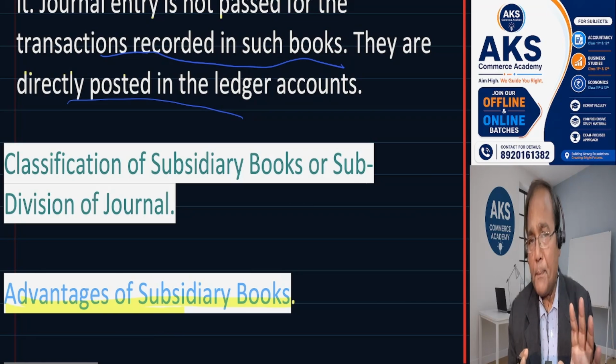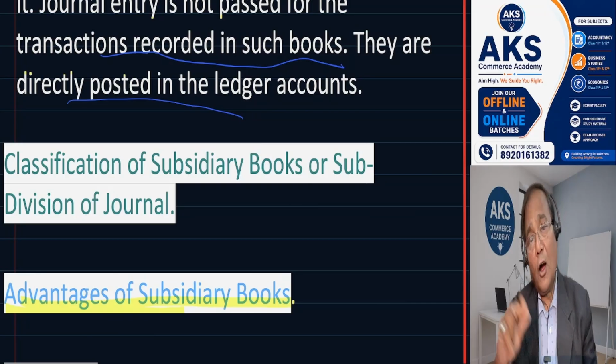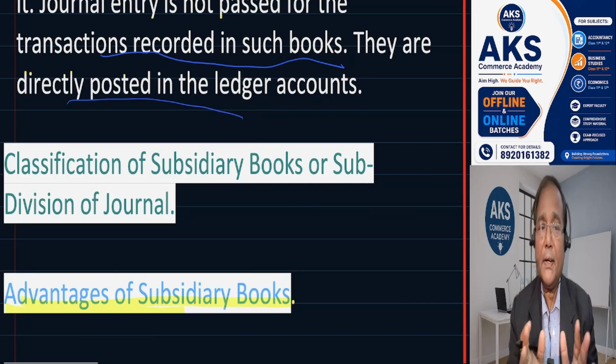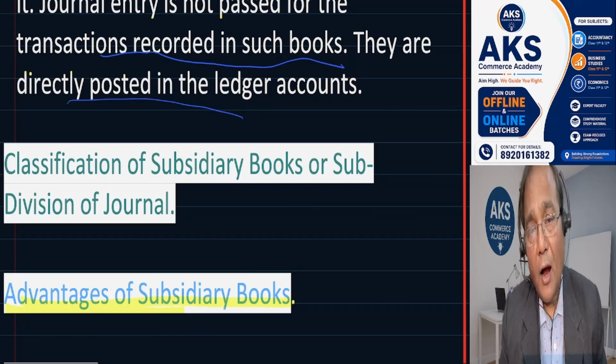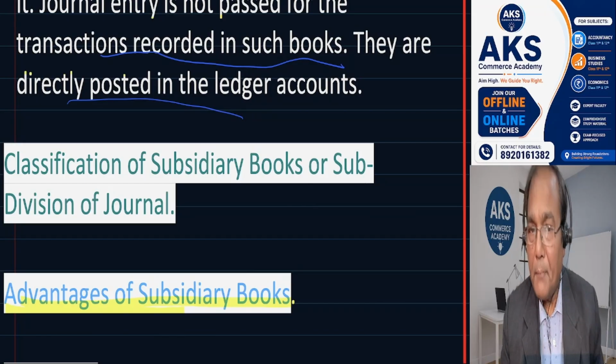So we will not prepare a separate purchase account, but the entries which are made in purchase book, like purchases from Ram, purchases from Sham, then Sham account ledger posting will be done, Ram account ledger posting will be done, but there is no separate account called purchase account going to be maintained.